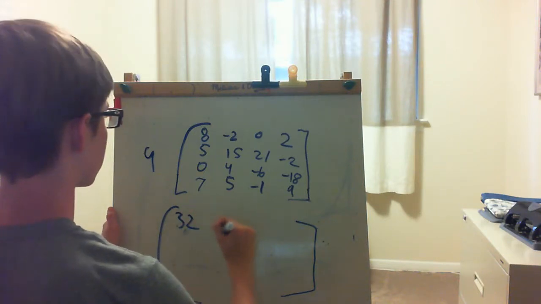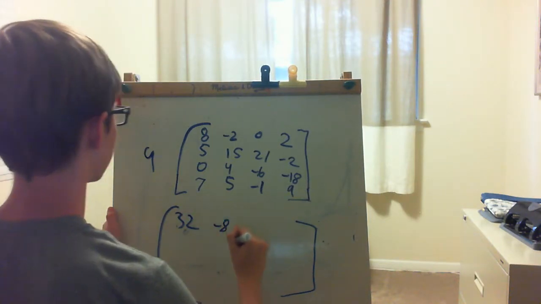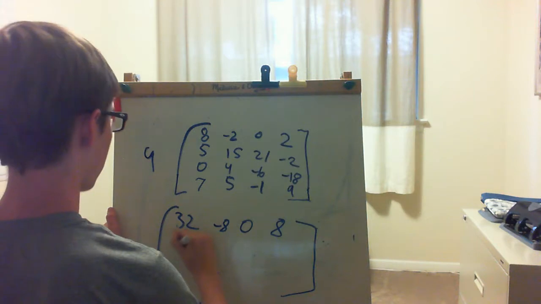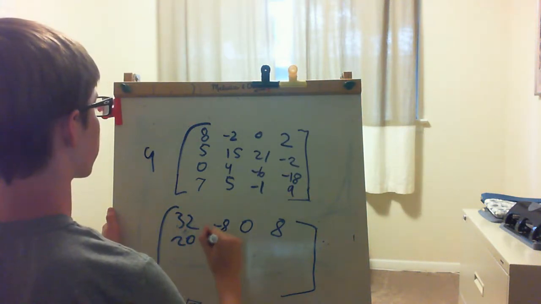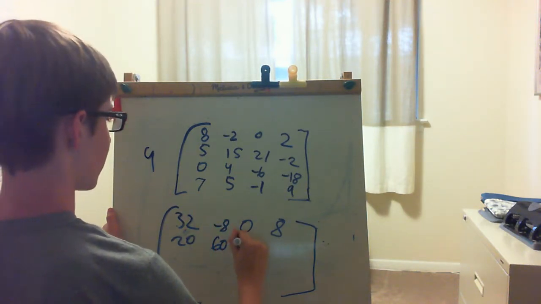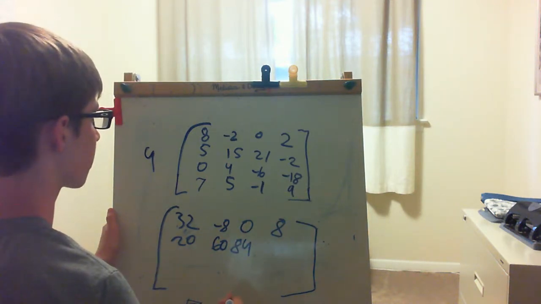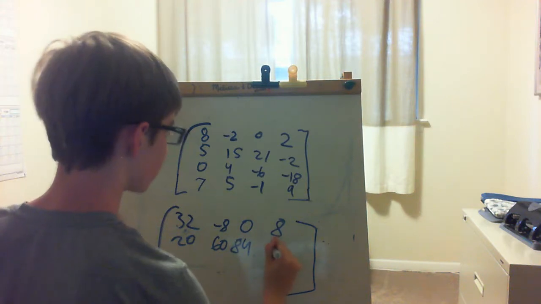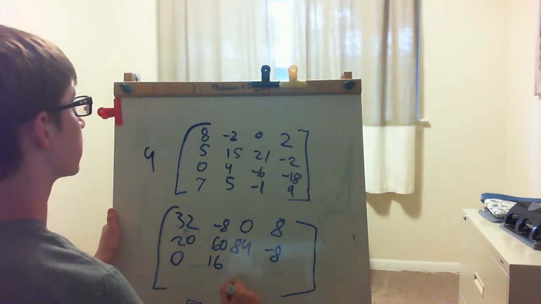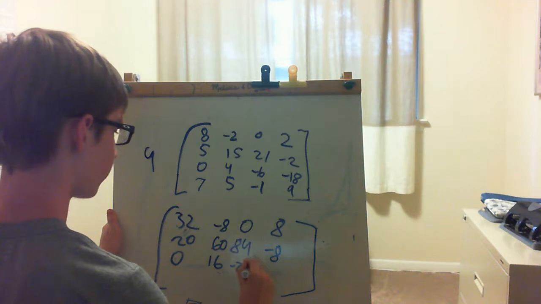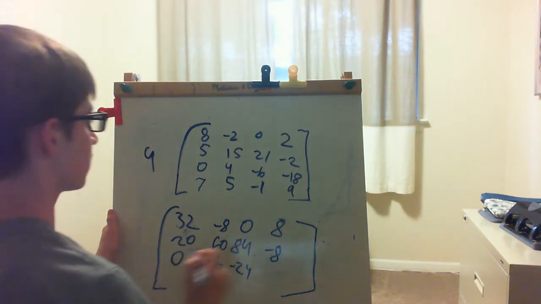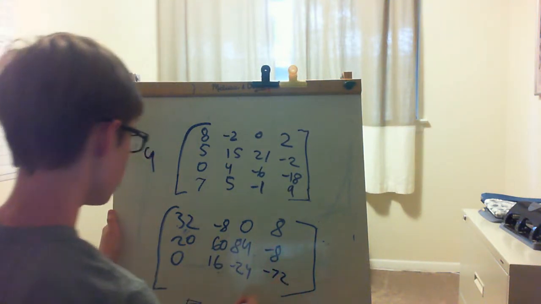32, negative 8, 0, 8, 20, 60, 84, negative 8, 0, 16, negative 24, negative 72.